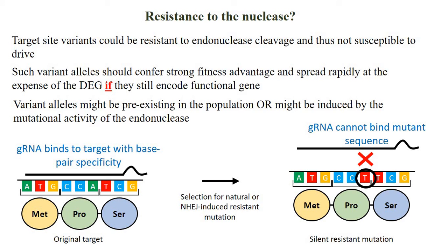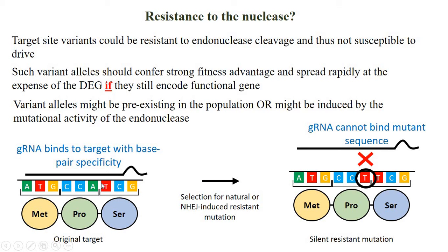The target sequence doesn't need to be exactly the same across 20 or 40 base pairs, but it needs to be a consensus sequence, with some nucleotides more conserved than others. If the individual changes the nucleotides that are most important for the guide RNA or the endonuclease to find and bind, that can lead to a resistance mutation.